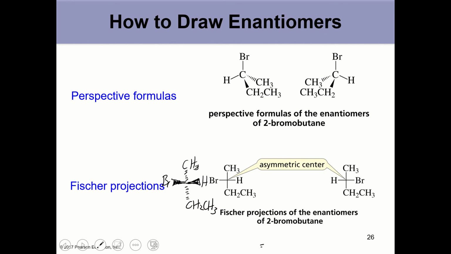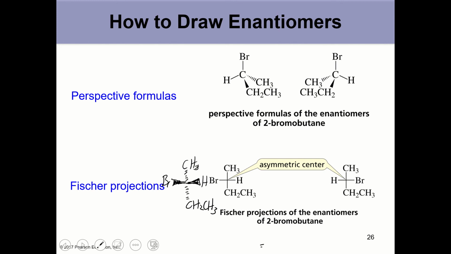If you build the three-dimensional molecule, rotate it around until you have bromine and hydrogen on a V that is along the x-axis, but with the V pointing at you.